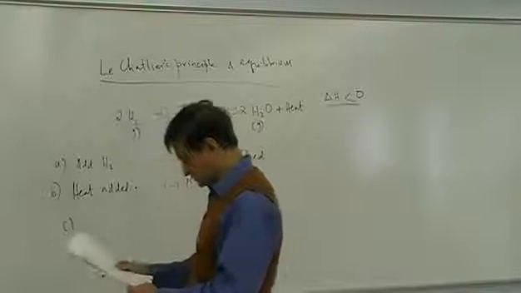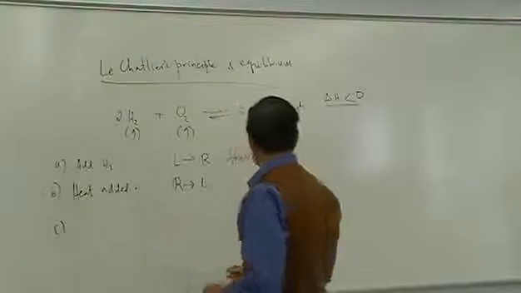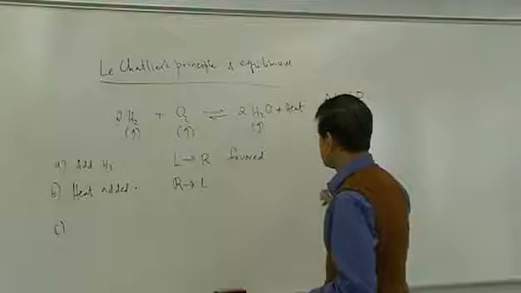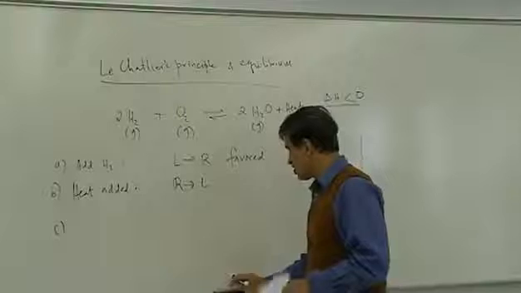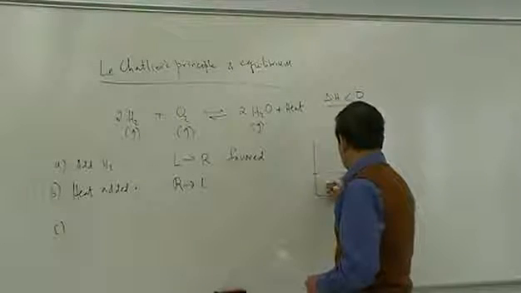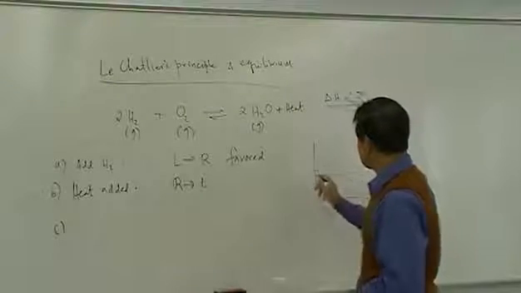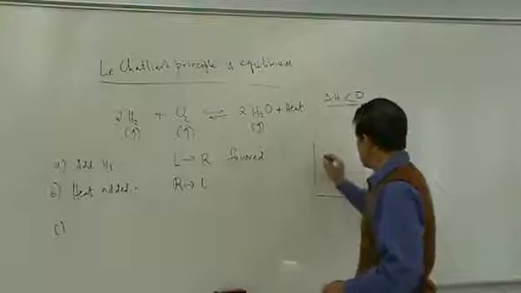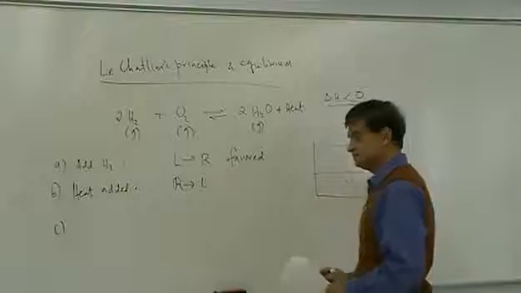Okay, third case, say volume is doubled. Quite often students make this mistake, so let me draw it so that we can explain it to you. Initially, this is the volume, and I had a piston here, I can pull it up. So I doubled the volume, so your final volume is here.